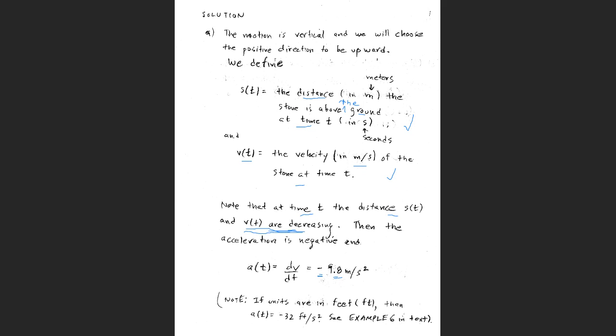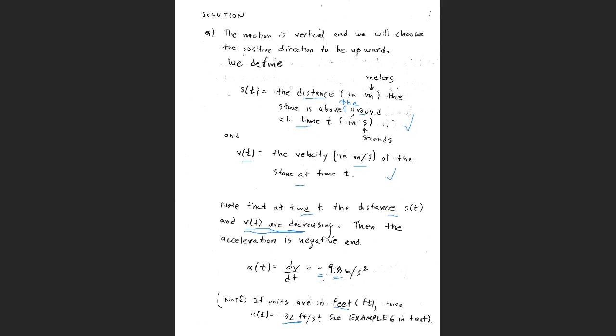That's acceleration due to gravity. That's right, Nicholas. We are not assuming horizontal motion of the stone. It's strictly vertical motion. And I'll note that if the units were in feet, the acceleration would be negative 32 feet per second squared.